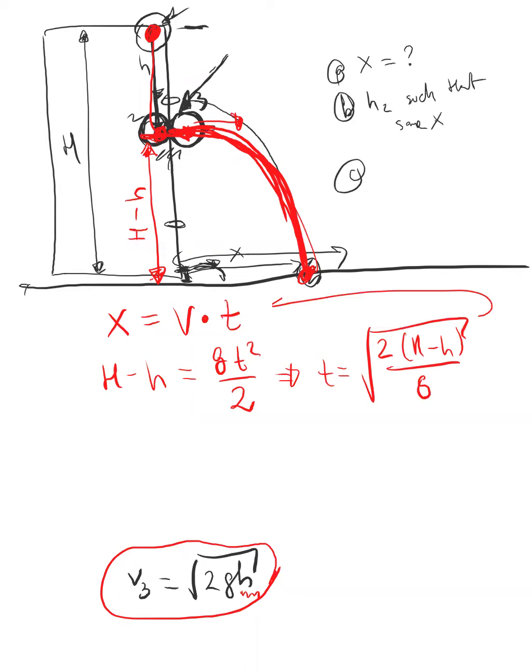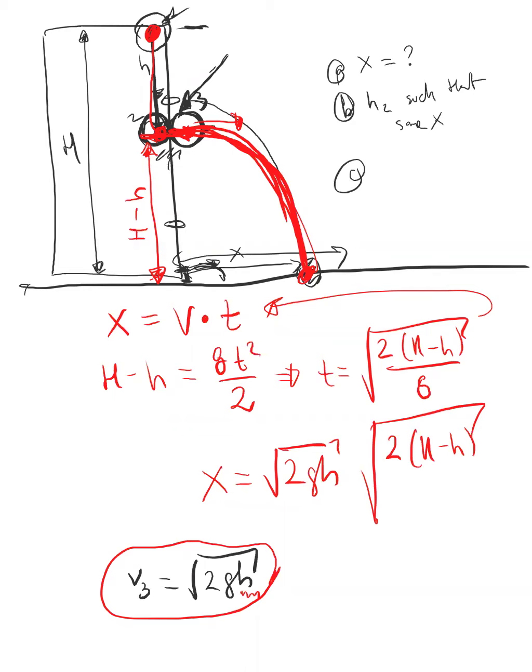I will substitute it here, and I will get my distance to be equal to my exit velocity, which is square root of twice gh, times the square root of twice h capital minus h small divided by g.